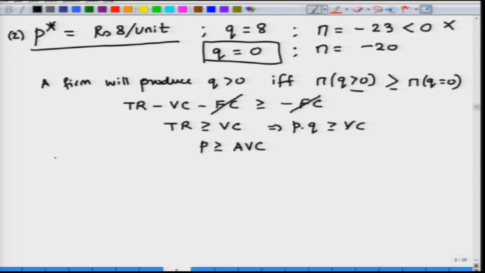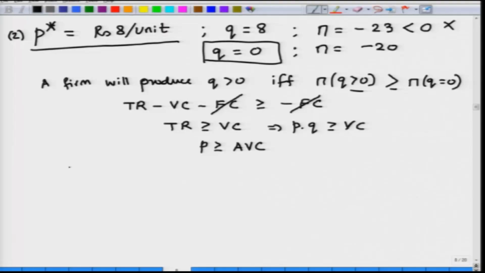Now, since the average variable cost itself is a U-shaped curve, what does it mean to say that the price is greater than the AVC? Well, if I have a price which is less than the smallest average variable cost. So, I have a U-shaped average variable cost curve.